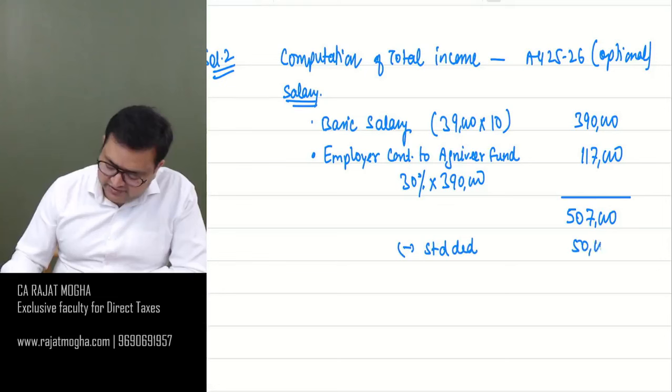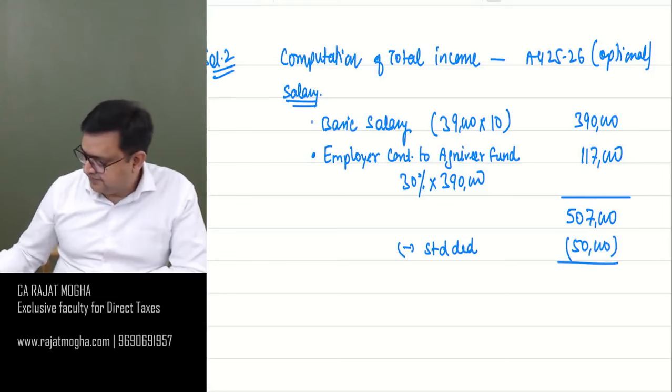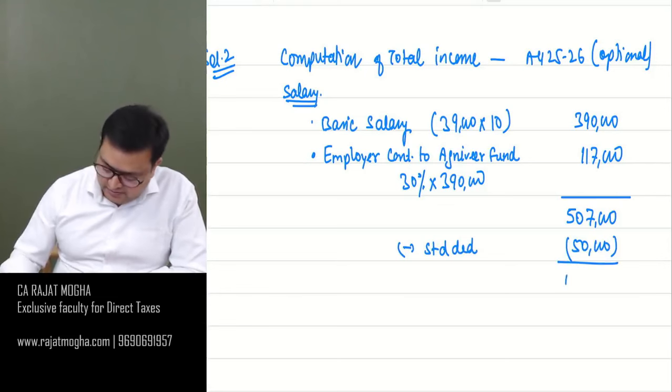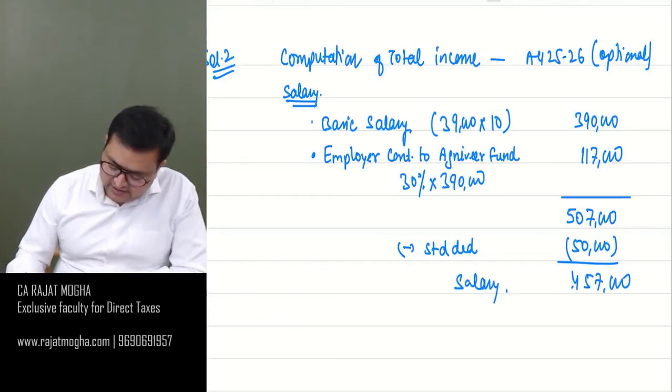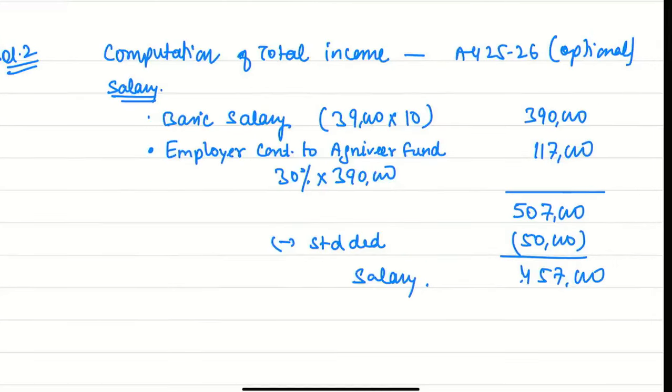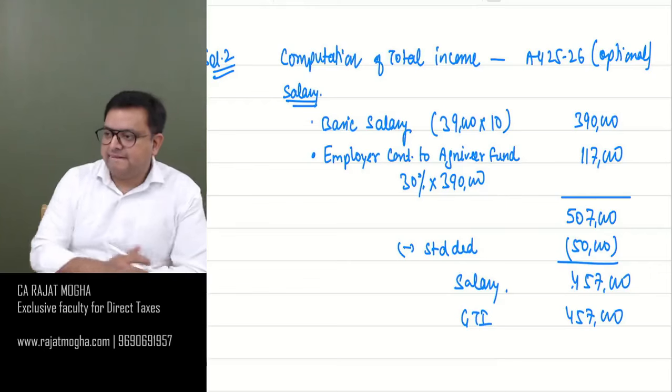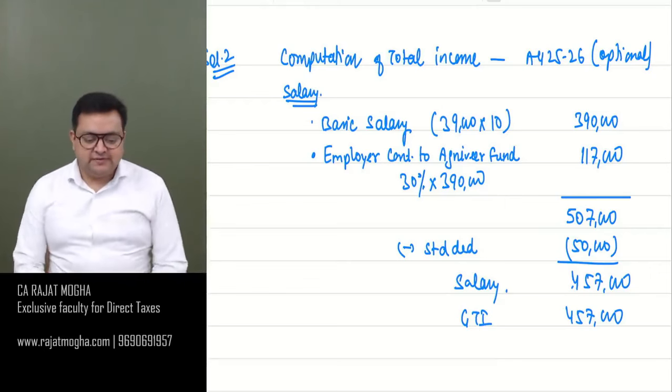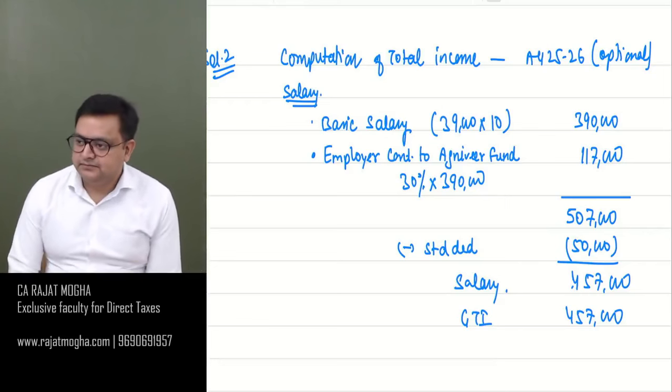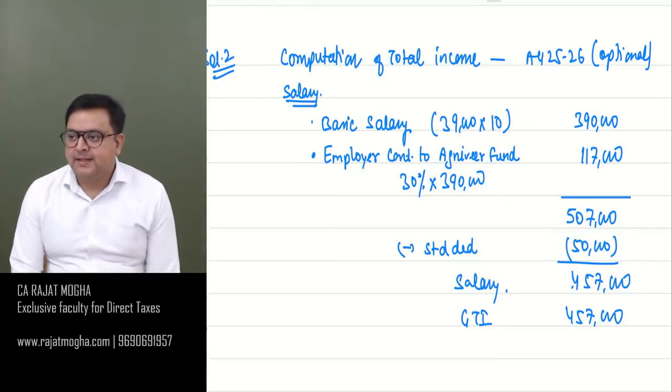Since he is following optional regime, 50,000, so 4,57,000. 4,57,000 is his salary income. And since there is no other income, his GTI will also be 4,57,000. Everybody has done till here? All of you have done till here. Correct. Very good.